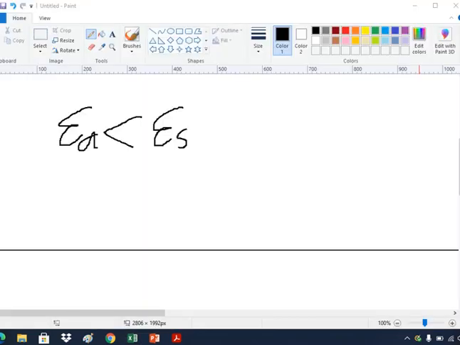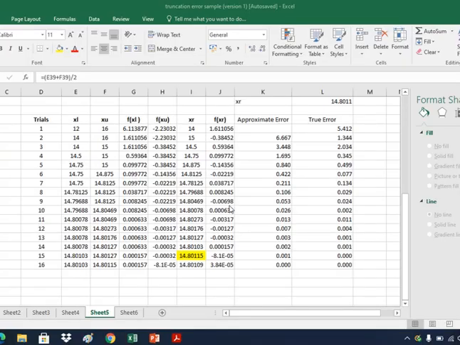So yung condition natin sa error is dapat ang approximate error must be less than the significant error. So in this portion, EA is still greater than the ES. EA, approximate error. So what do you notice?